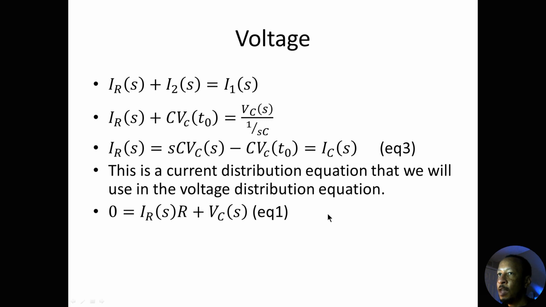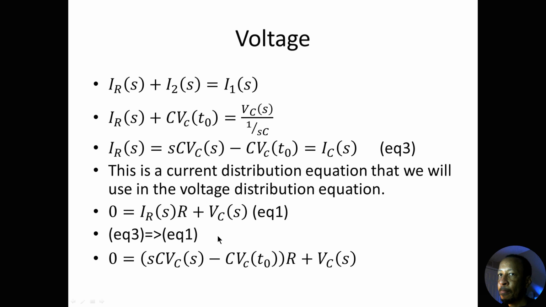So going back to that voltage distribution equation, equation number 1, 0 equals IR of S times R plus VC of S. We are now going to put equation 3 into equation 1.